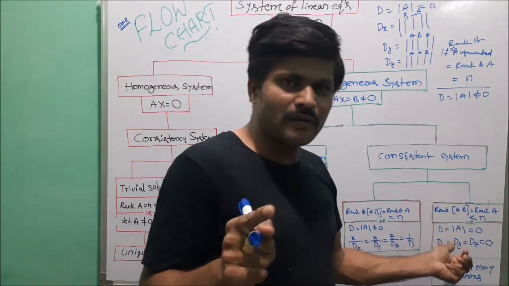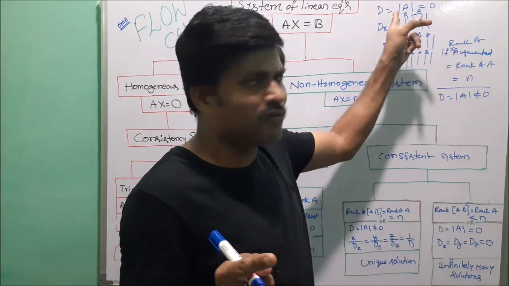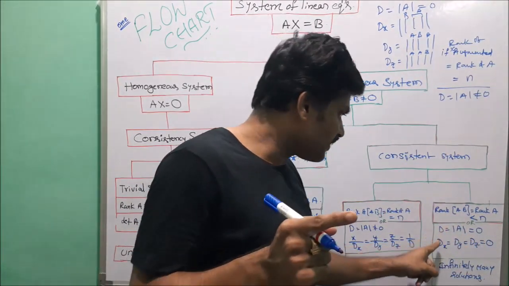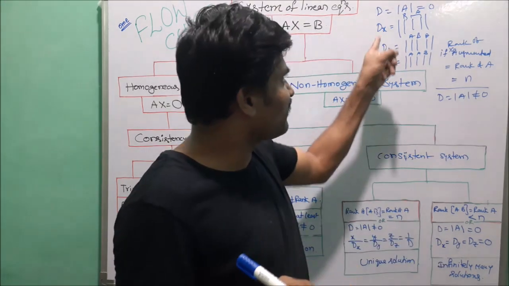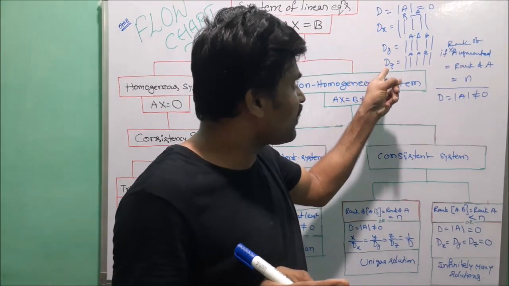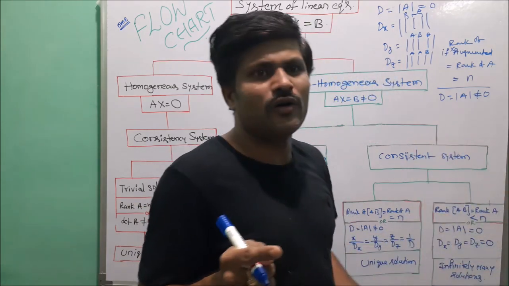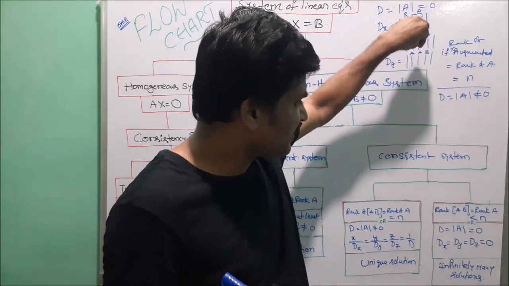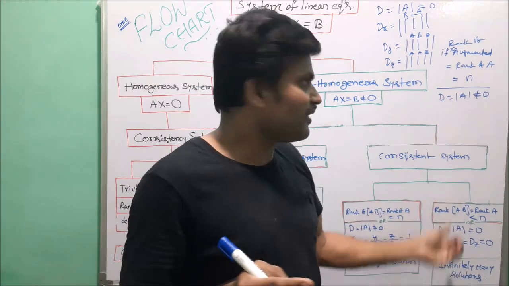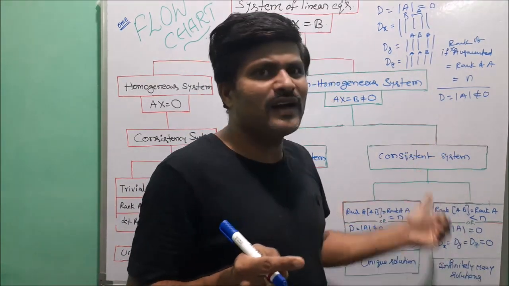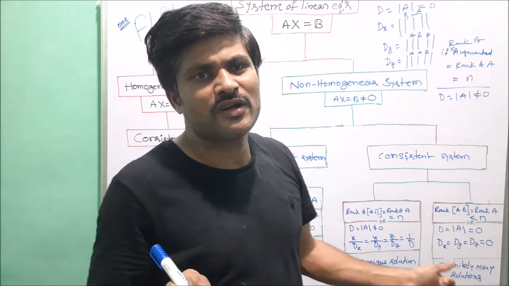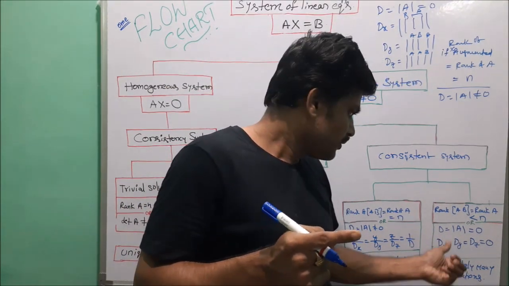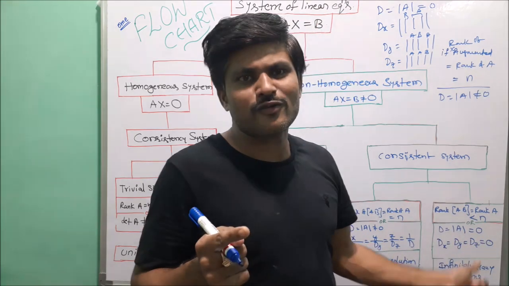And based upon determinants, first of all we find the determinant of the coefficient matrix, which is equal to 0, and the other condition is to find dx, dy, dz, all equal to 0. Both these two conditions hold for this system, then that system is a consistent system and it has infinitely many solutions. Therefore, here the number of solutions is infinite.